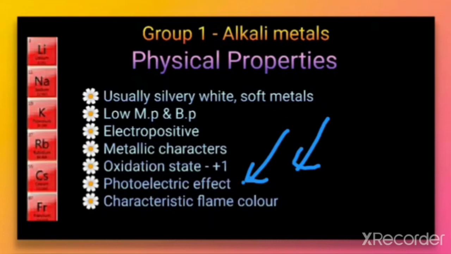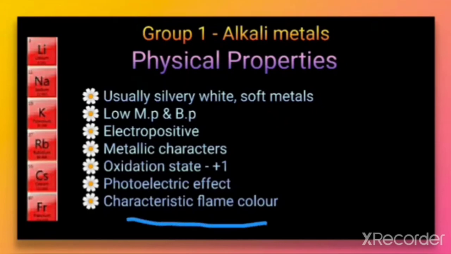Next is the most important identification test for these elements, that is the characteristic flame coloration. That is a flame test. Alkali metals and their salts impart characteristic color to the oxidizing flame.